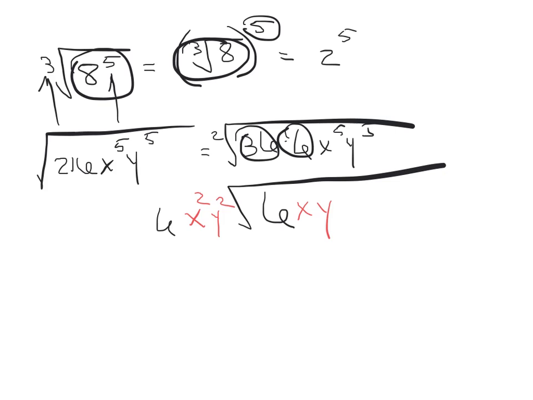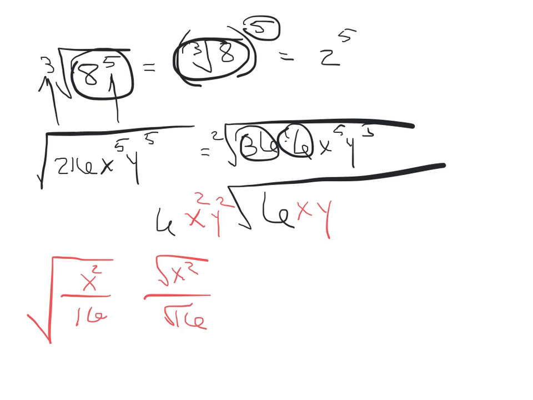Next one is H, x squared over 16, and they're taking the square root of that. We can write that as the square root of x squared over the square root of 16. And we'll take the principal root here, where square root of 16 is 4. And what we're going to do here is remember, if the index and the exponent are the same, it has to be the absolute value if it's even.